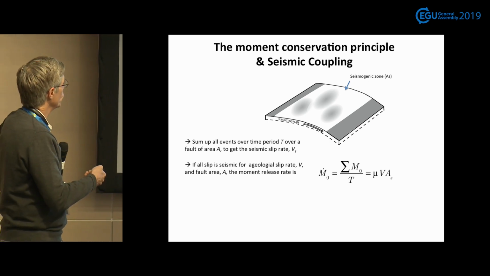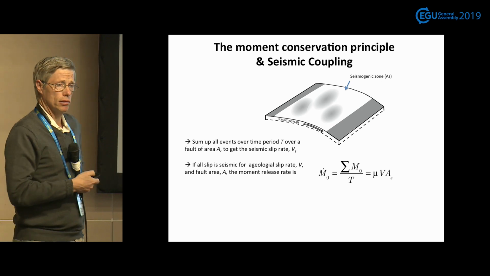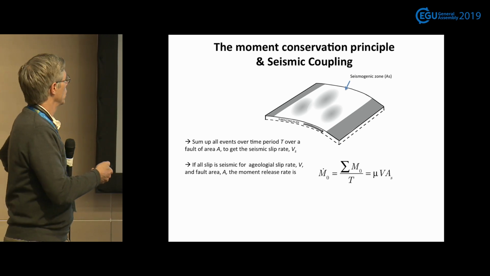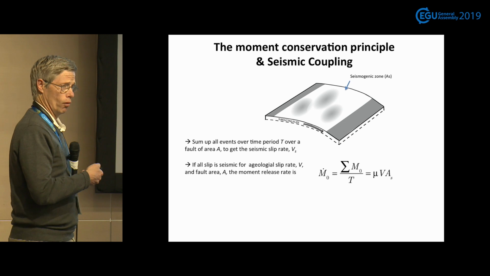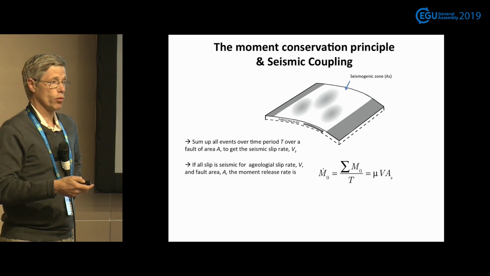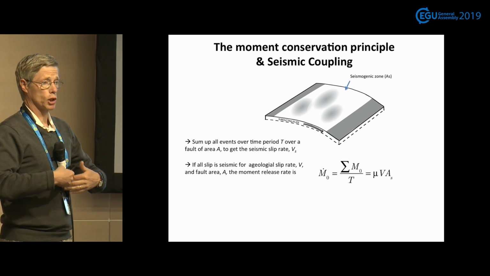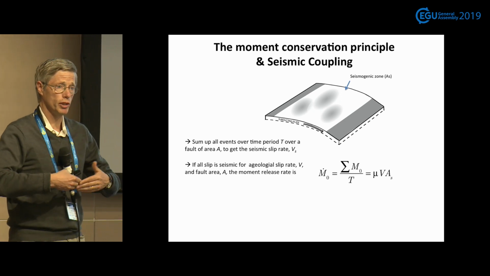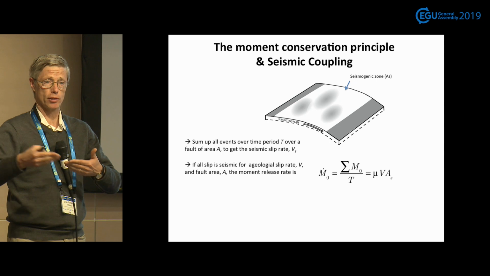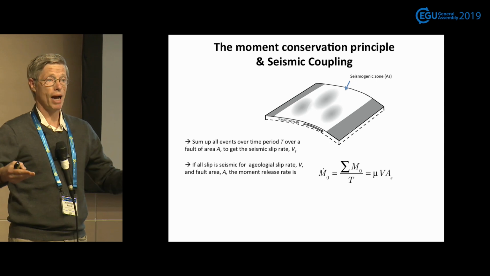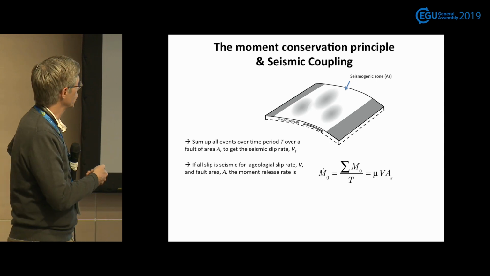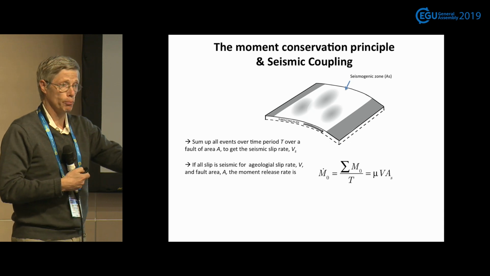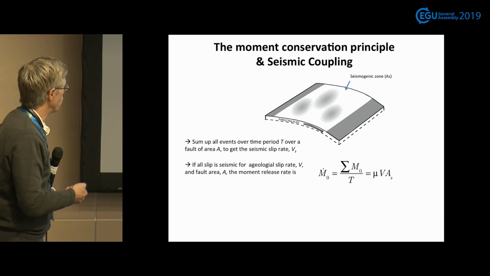If you know that area and the slip rate along the fault, then you can infer the moment that should be released by earthquakes over a certain period of time. The logic is that when you accumulate the slip from all those earthquakes, they should match the geological rate at which the plate is being subducted under the upper plate.